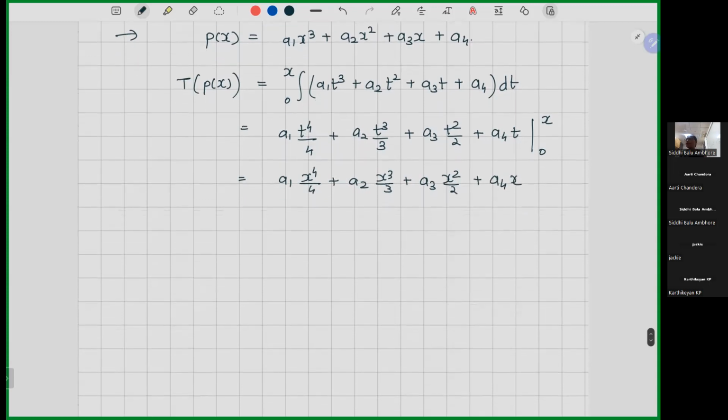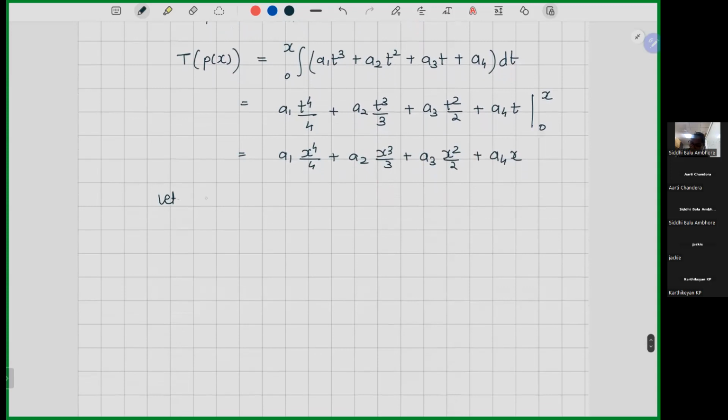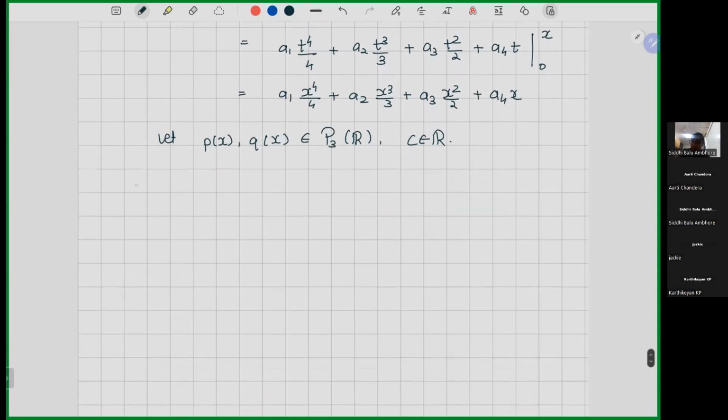Now I will go with our condition. Let P of x and Q of x be in P3(R) and c be any scalar. Let P of x be a1 x cube plus a2 x square plus a3 x plus a4, and Q of x be b1 x cube plus b2 x square plus b3 x plus b4.